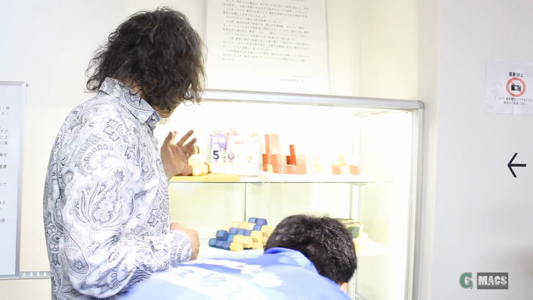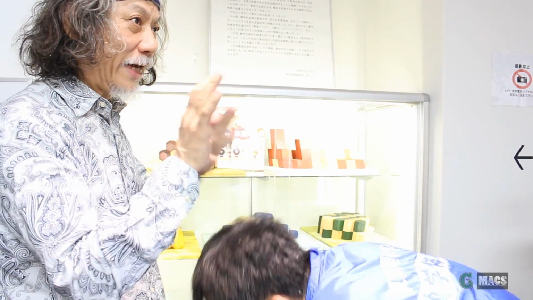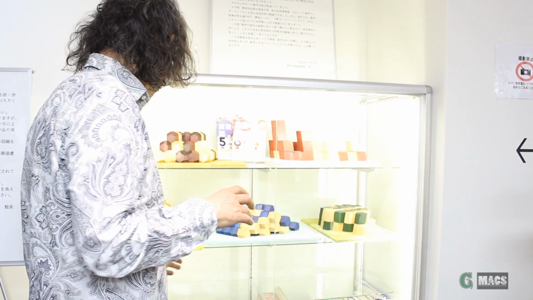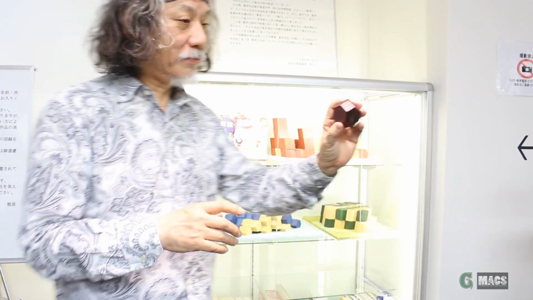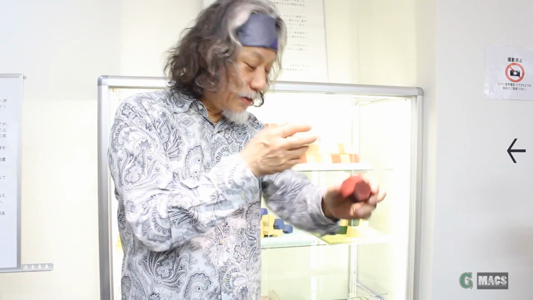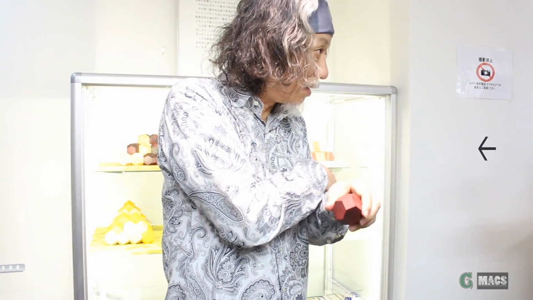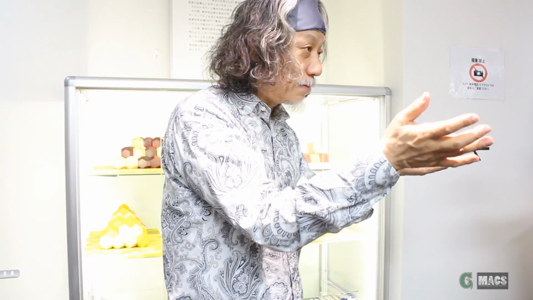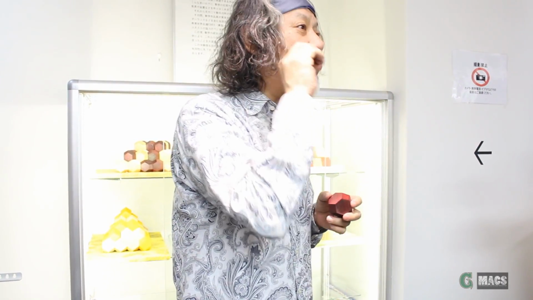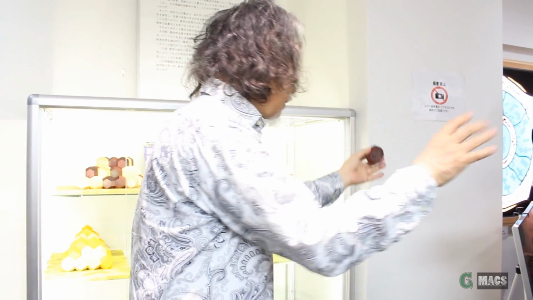Have you ever seen this solid or this shape in your daily life? If you have never seen this, your cell looks like this, and you have 60 trillion truncated octahedra in your body.